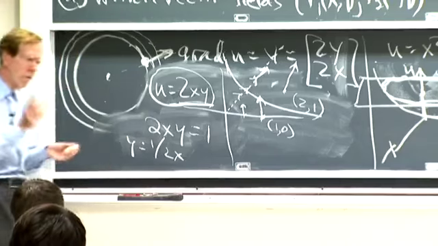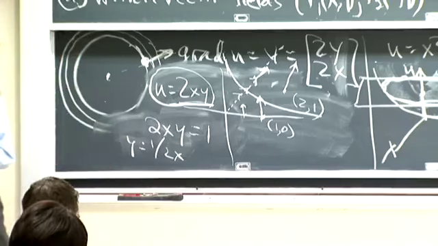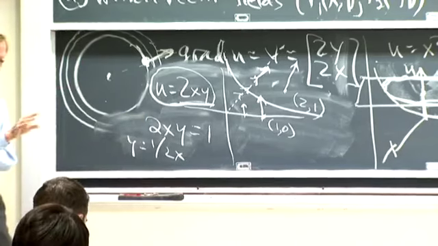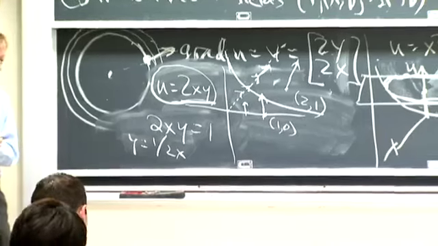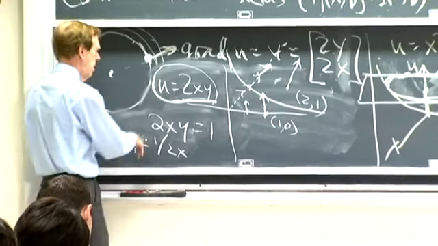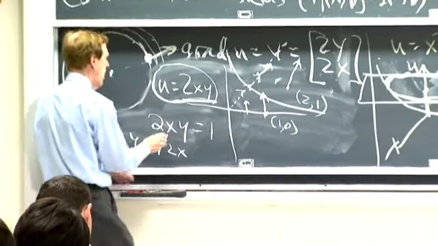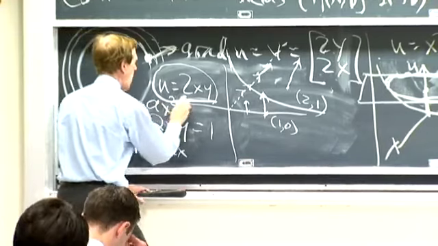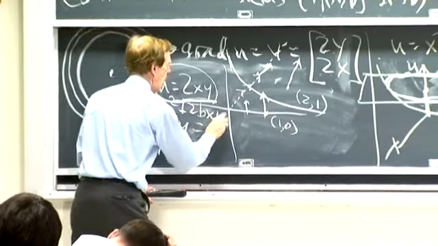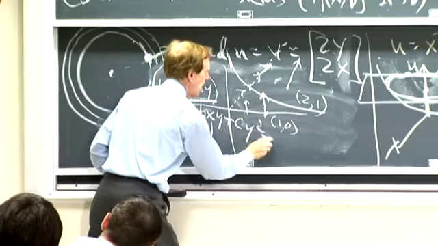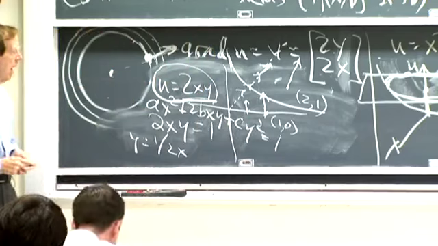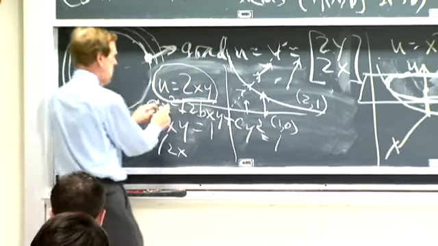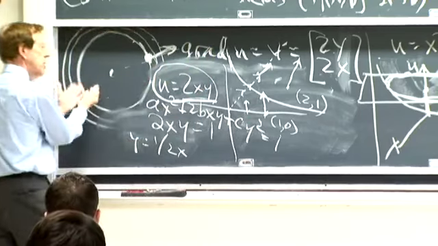Hyperbolas, you remember the Greeks, they had these conic sections. They had ellipses. They had parabolas, the marginal case, and then they had hyperbolas. And they all come from second degree things. If I have ax squared and 2bxy and cy squared equal 1, that's one of those curves. And if it was x squared plus y squared equal 1, it was a circle.